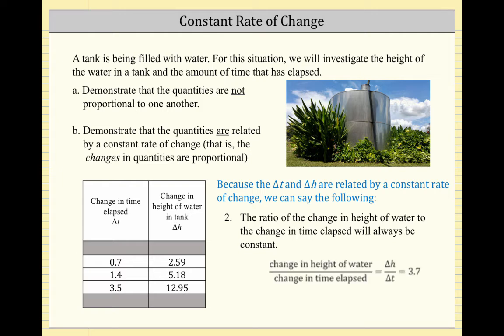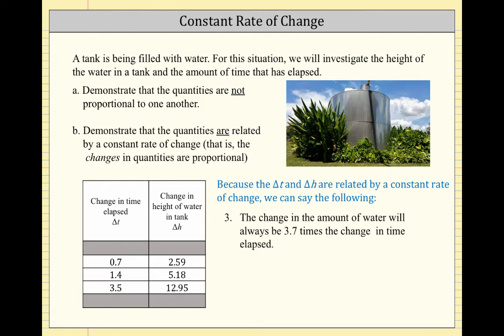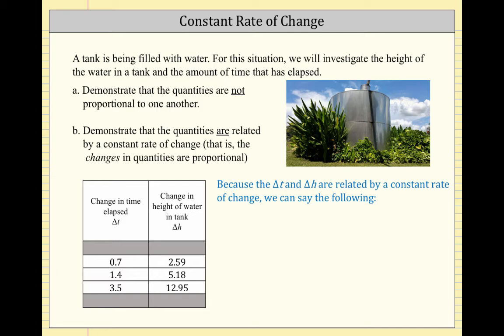That is, the ratio of the change in height to the change in time will always be 3.7. It's the constant ratio perspective. And the change in height will always be 3.7 times the change in time elapsed. That's delta H is equal to 3.7 times delta T, using that constant multiple perspective.